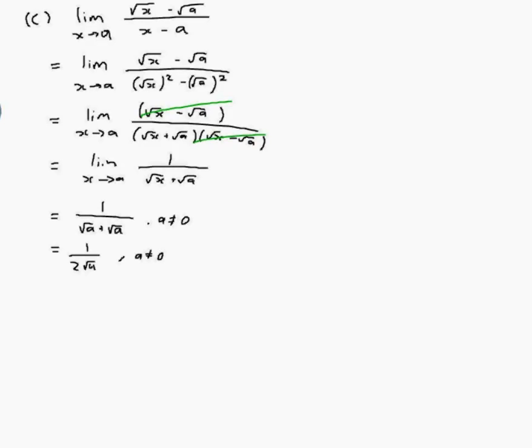So that limit is 1 on 2 root a if a is not equal to 0, and if a is equal to 0, then the limit of the top is 1, the limit of the bottom is 0, so the limit does not exist if a is equal to 0.